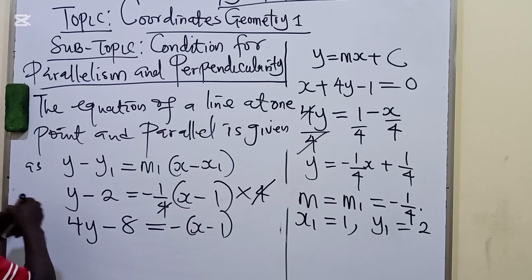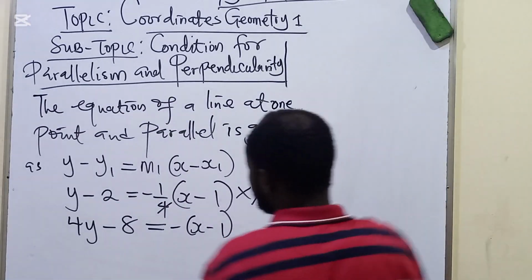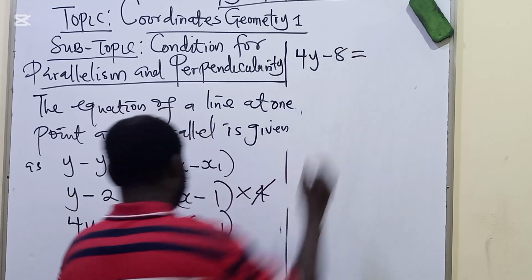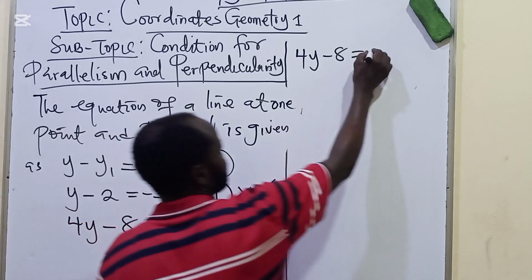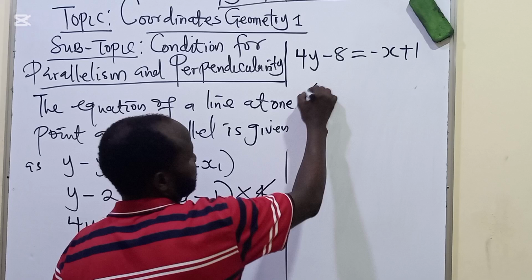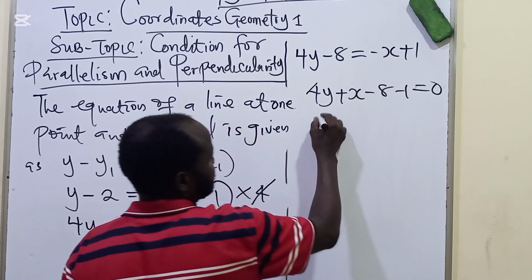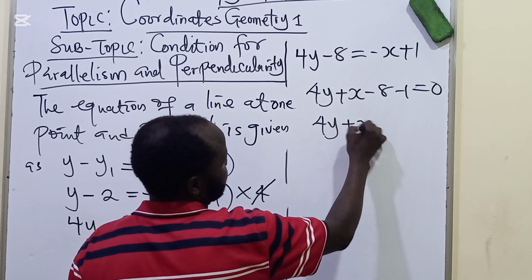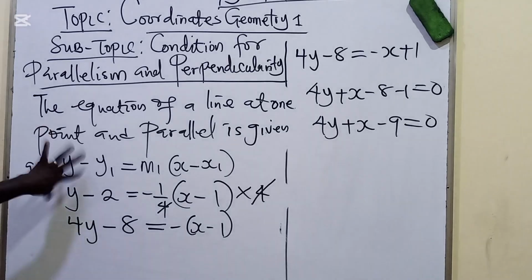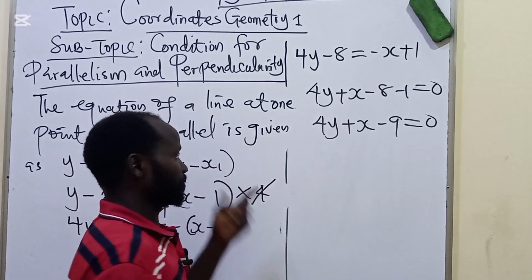We'll have 4y minus 8 equals, we distribute this minus, that will be minus x, minus times minus will be plus 1. We can write this as 4y plus x equals 8 plus 1. 4y plus x minus 9 will be equal to 0. So this is the equation that is parallel, because we are asked to find the equation that is parallel to the line given.